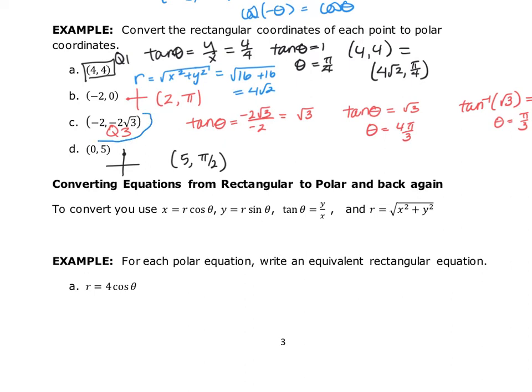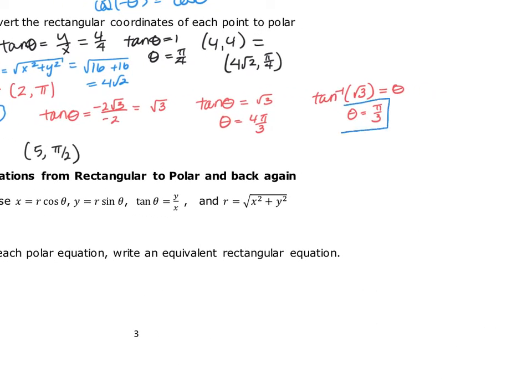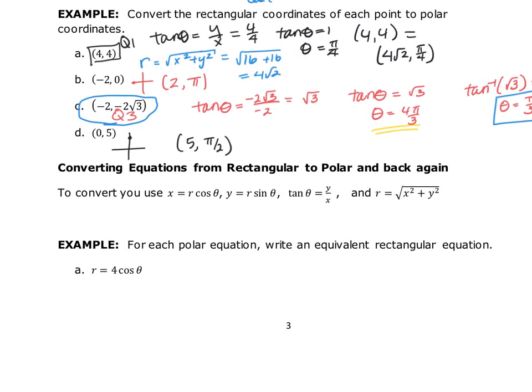I'm in quadrant number 3. If I do the tangent inverse, this is not in quadrant number 3. So I would have had to use that as the reference angle to get my true answer, which is 4 pi over 3. That's in quadrant number 3. That's the actual angle of rotation that is formed by this ordered pair.